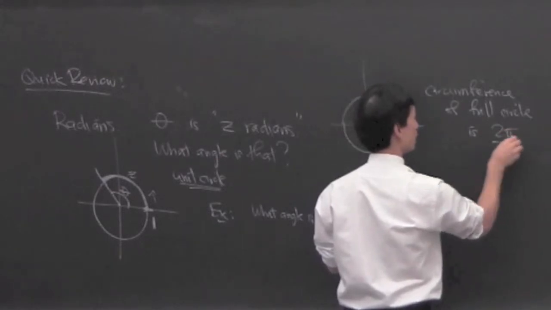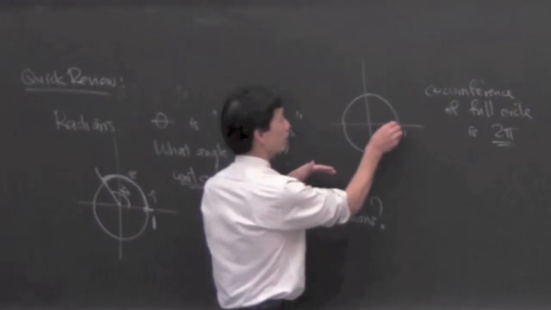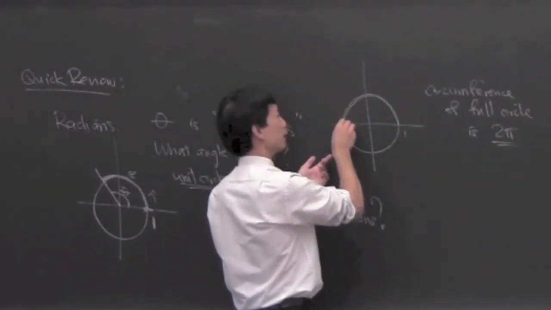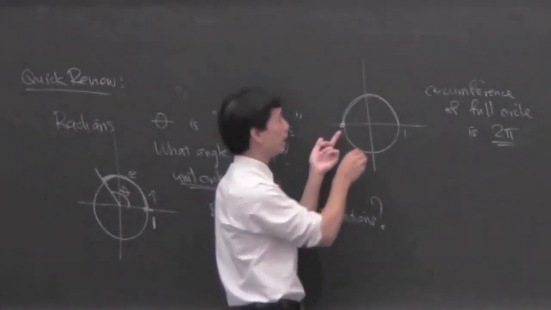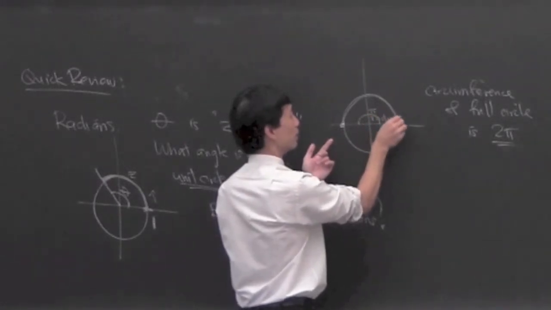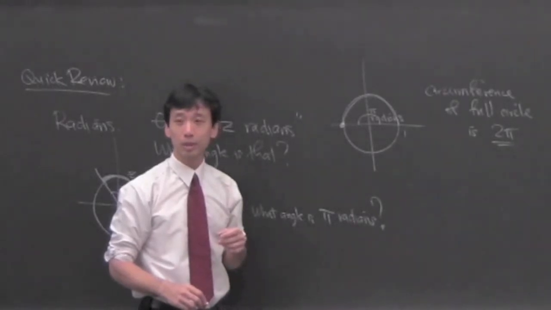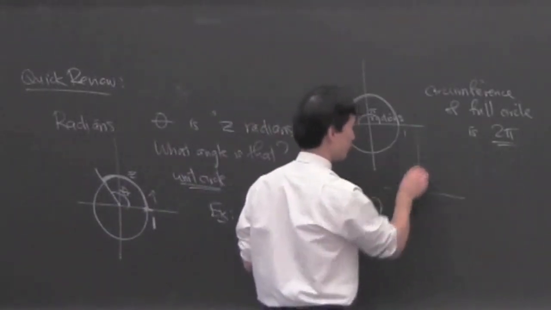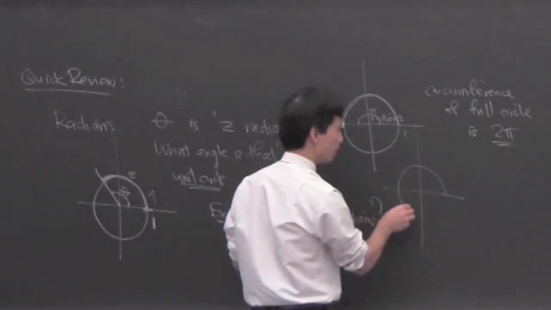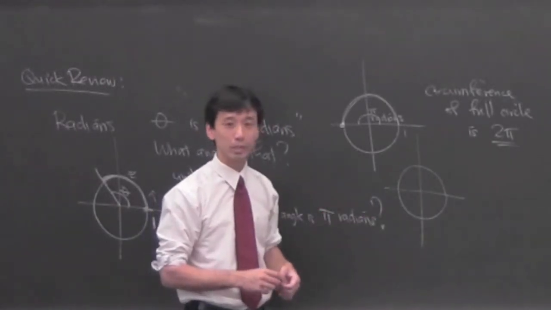The circumference of the full circle is 2 pi. So when do you get to pi? When you get to this point. This angle is what we call pi radians. And if somebody said what angle is 2 pi radians, that would be the full circle, the angle corresponding to 360 degrees in the degrees measurement.